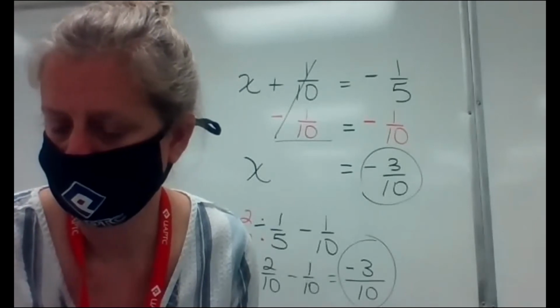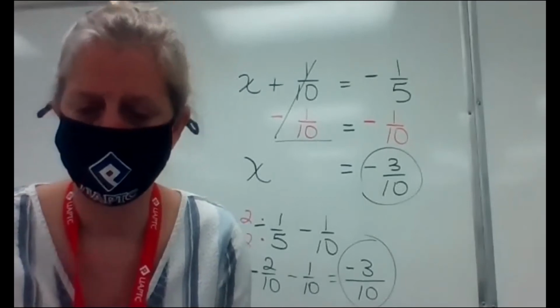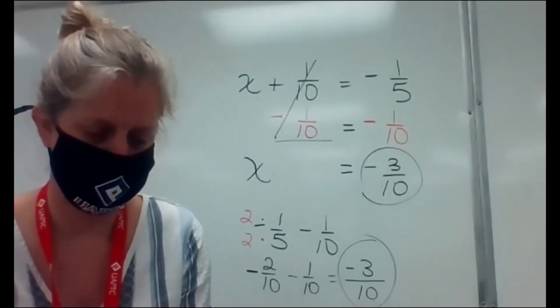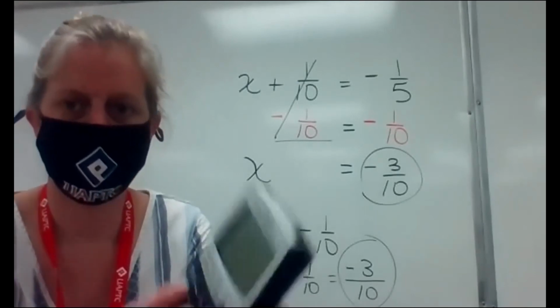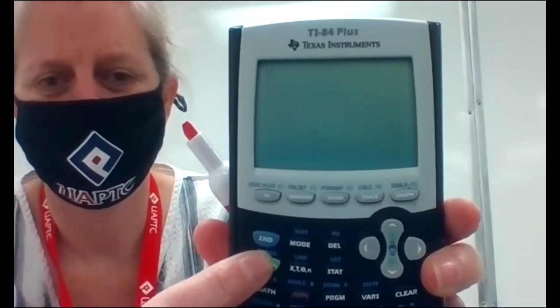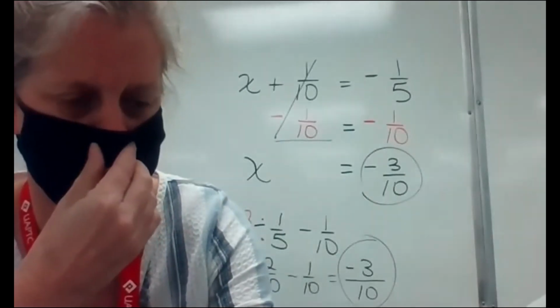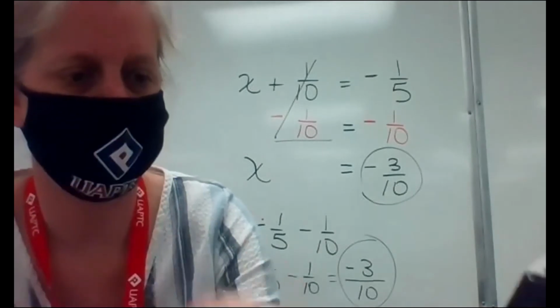There is a fraction button on the calculator. Where is it? In math? No, when you hit the alpha button. Oh, okay. And then underneath mode and link, at least on mine, there's a little fraction symbol. Oh.